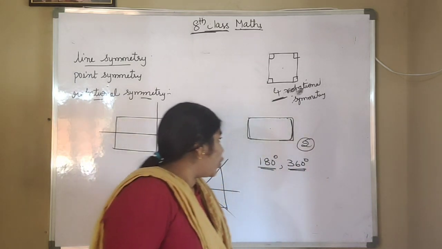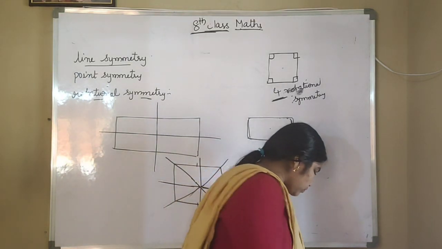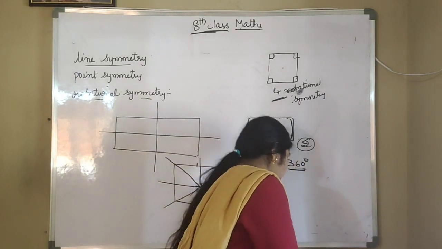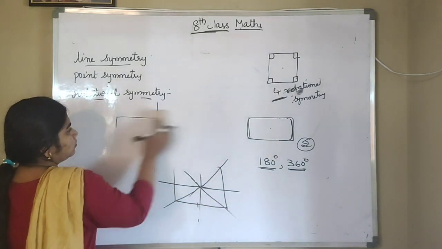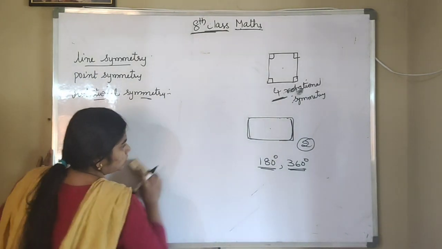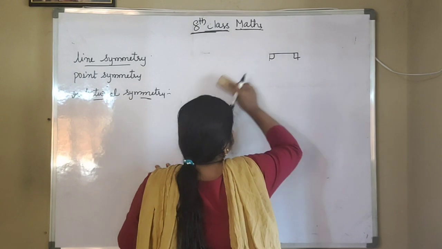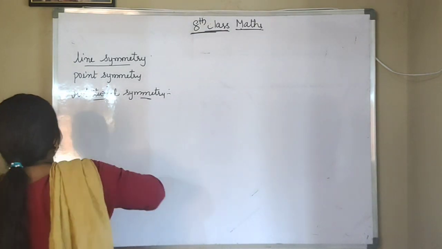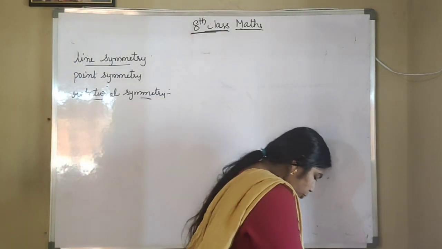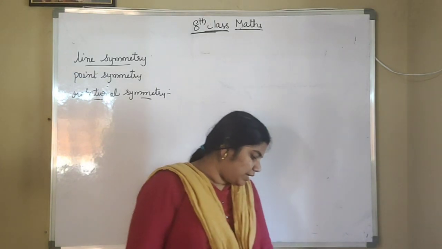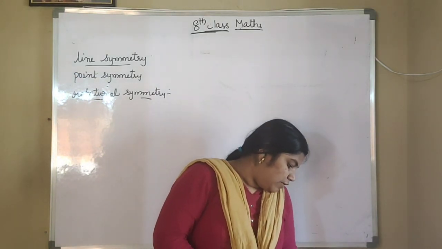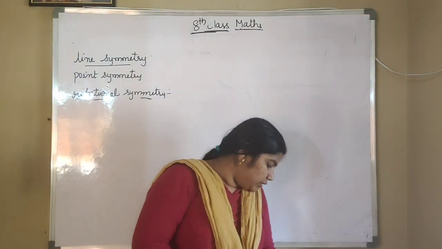Next is point symmetry. So what is the next one? Point symmetry. So what do you mean by point symmetry? The figure looks the same whether you see it from upside or from downside.